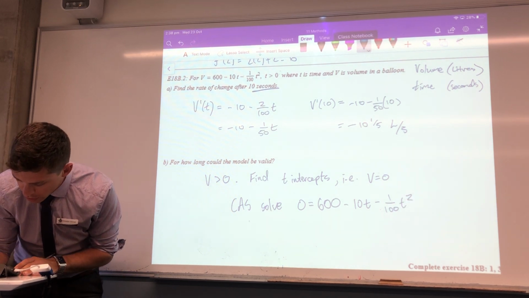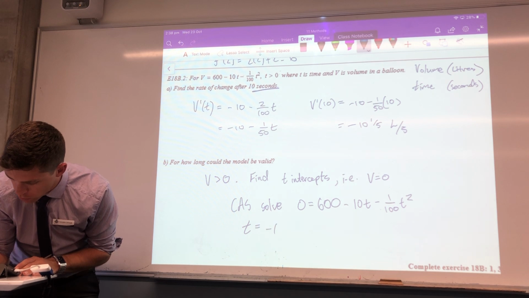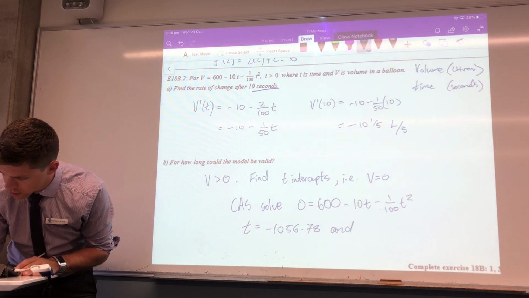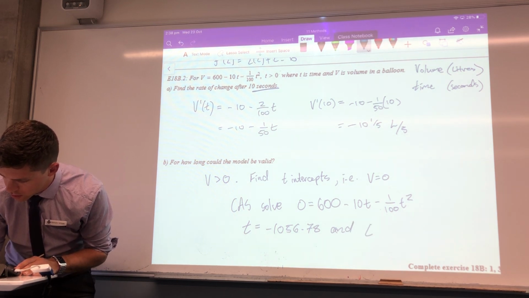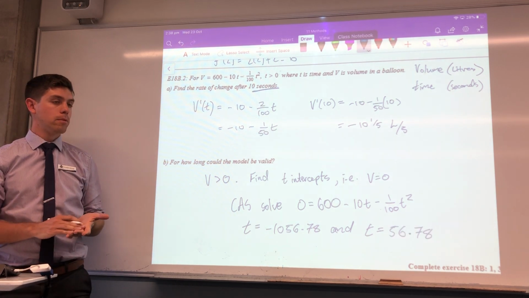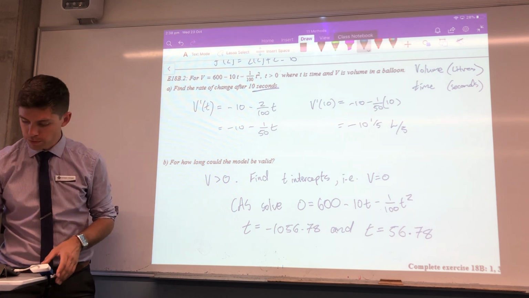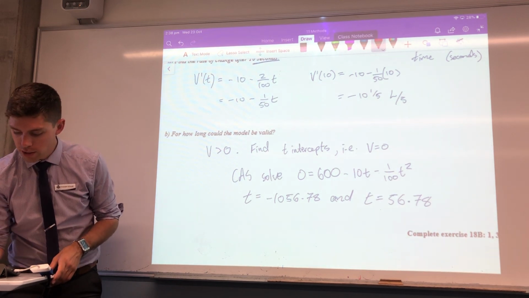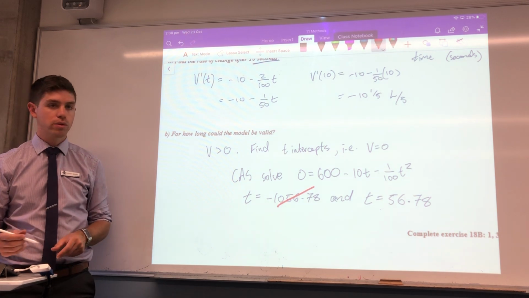Then the two values that we get are t equals negative 1056.78 and t equals 56.78. You have to discard the negative, so we're not going to go backwards in time.